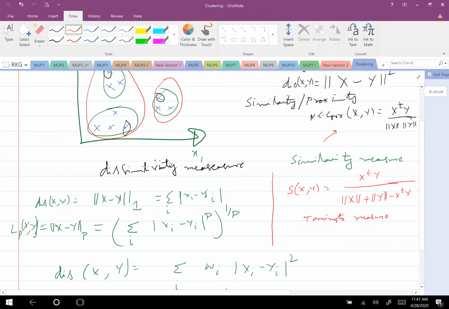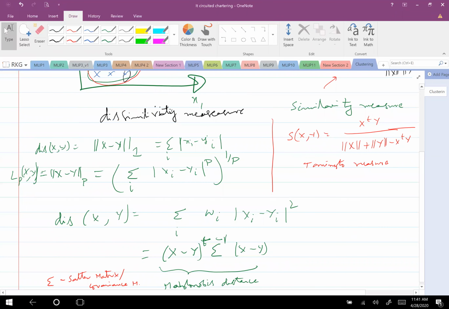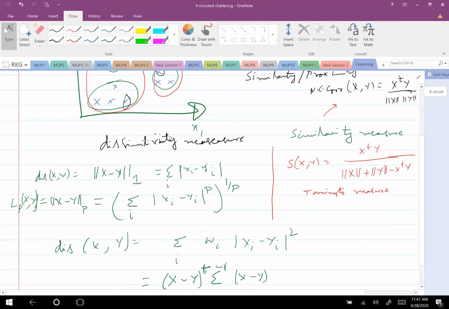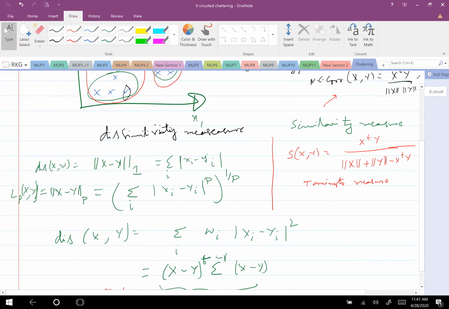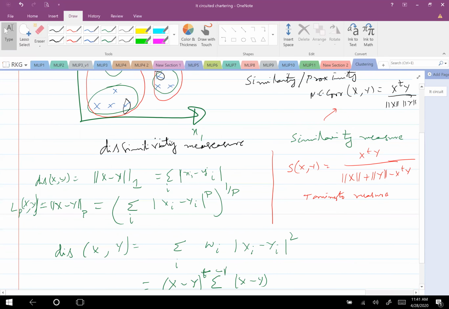Okay, this is the Tanimoto measure. I am doing this discussion from the Duda Hart book, Pattern Classification. These are usually well-known similarity and dissimilarity measures.